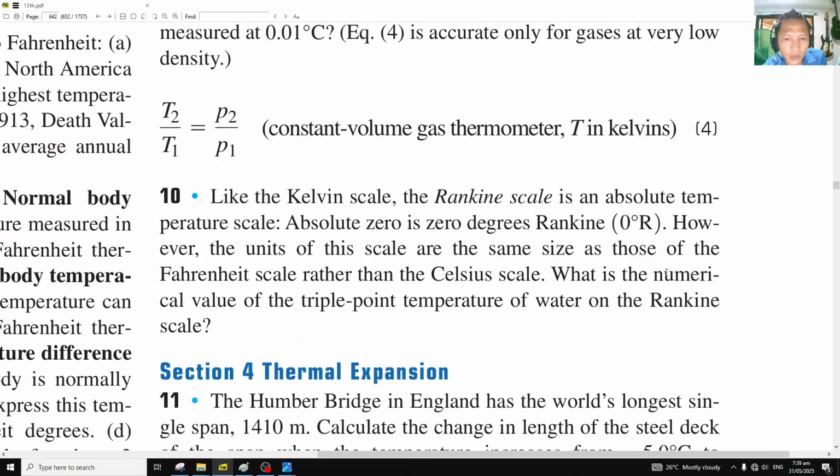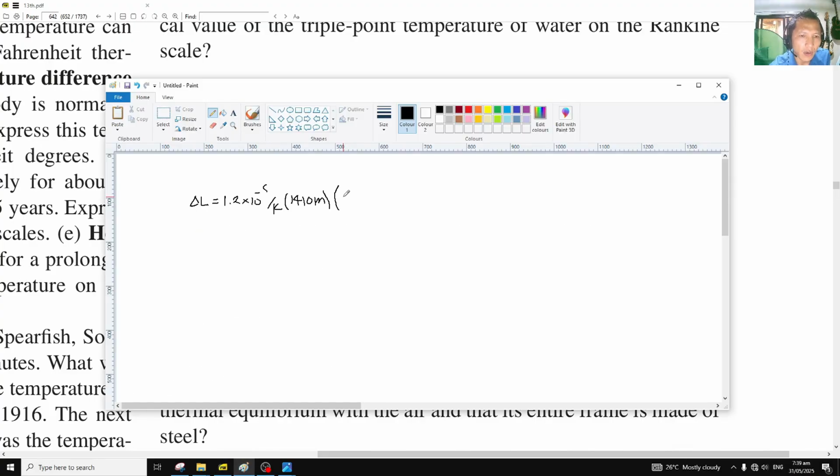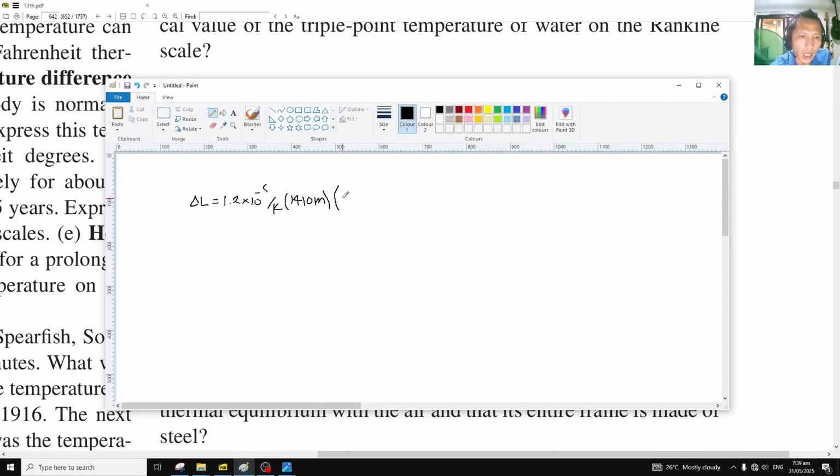The temperature change from negative 5 to 18 means T2 is 18, so 18 minus negative 5 is positive 5, giving 18 plus 5.